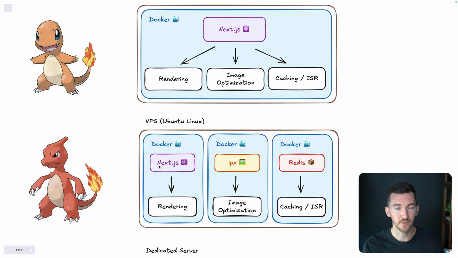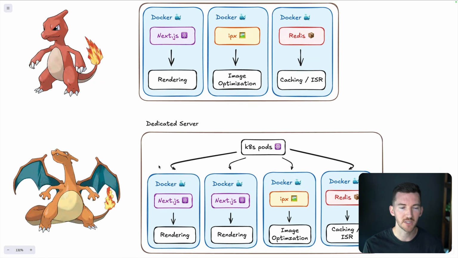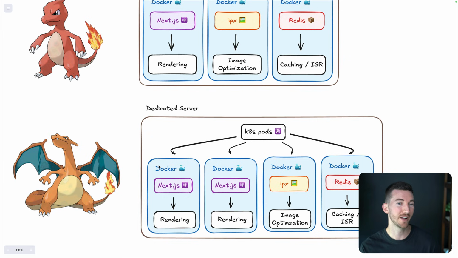Now, if you keep going and you keep scaling and you want to go even further, then you might end up something like a Charizard, where you've got this dedicated server, you're running Kubernetes, which is kind of like that horizontal scaling diagram we showed, where you can have multiple different versions of your Next.js container. So you might have 5 of those containers doing rendering.